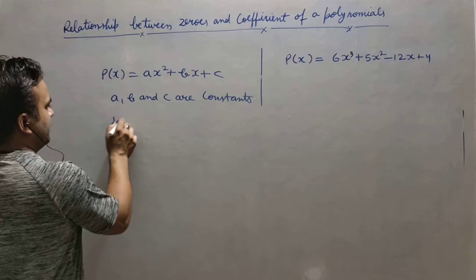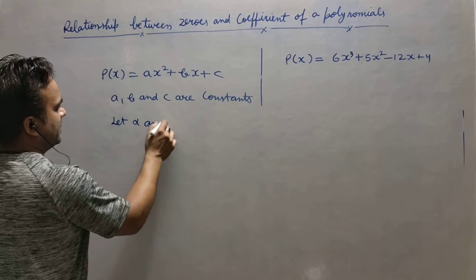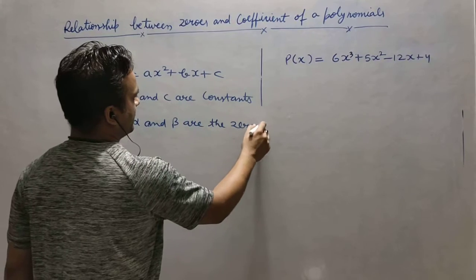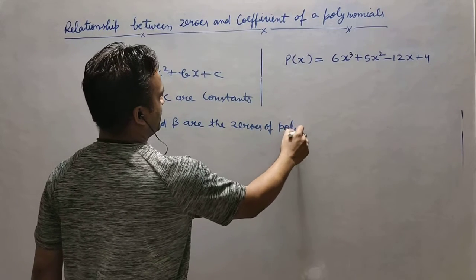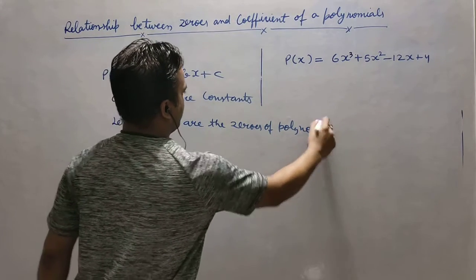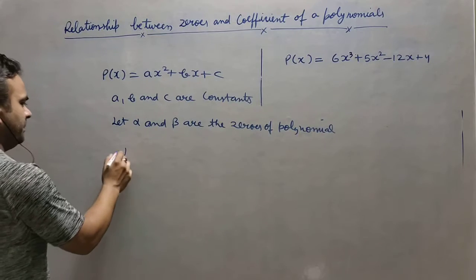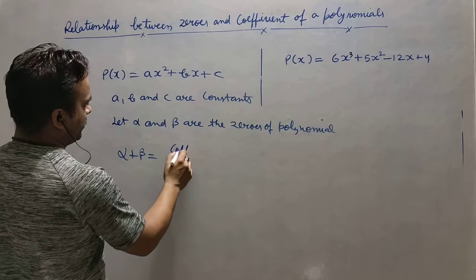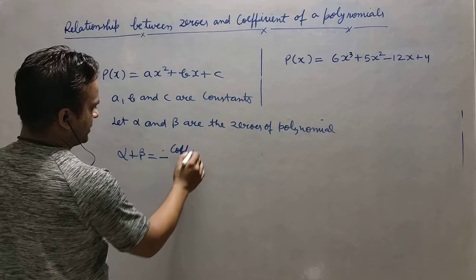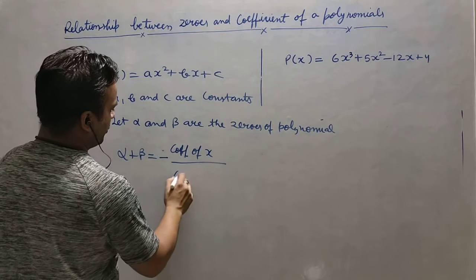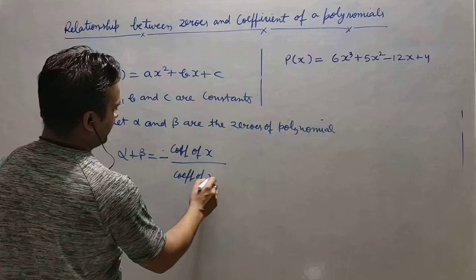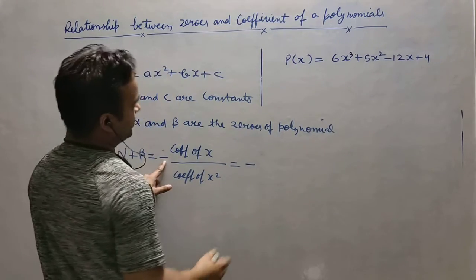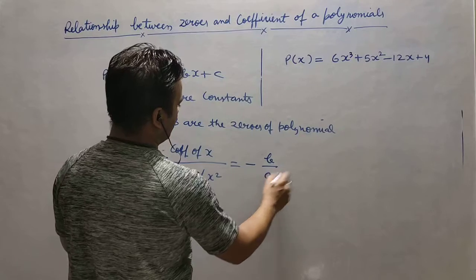And let alpha and beta be the zeros of the polynomial, right? So alpha plus beta, what will it be? We will write here minus coefficient of x upon coefficient of x square. So the coefficient of x is b, and upon a.